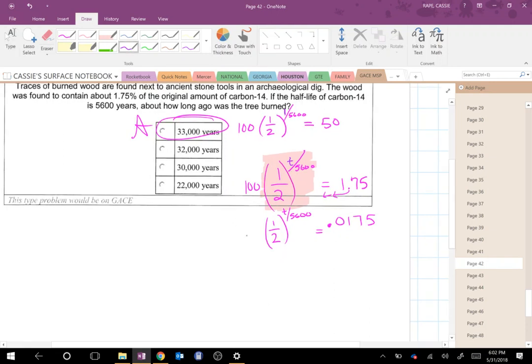Let's take a look at the way you would do this with your calculator and with your log rules. If I took the log of both sides, remember the log rule that says if you've got an exponent, it can come sit right here. So this becomes t over 5,600 times the log of 1/2 is equal to the log of 0.0175.